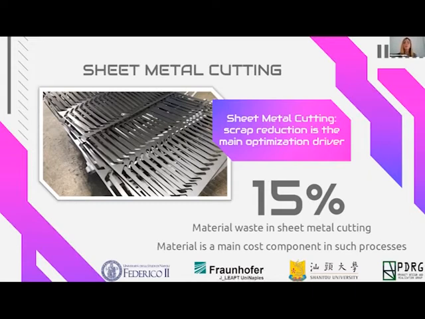And so to improve the resource efficiency of these processes, often nesting is applied by combining different parts on the same sheet, on the same material, and to reduce the amount of waste material, which depends on the geometries of the different parts which are combined.